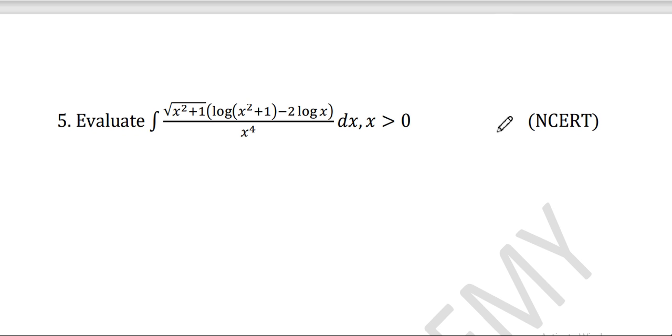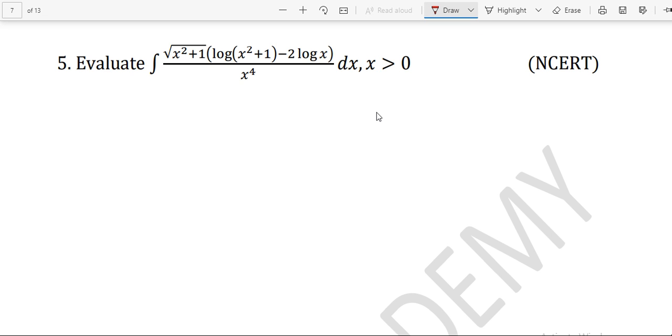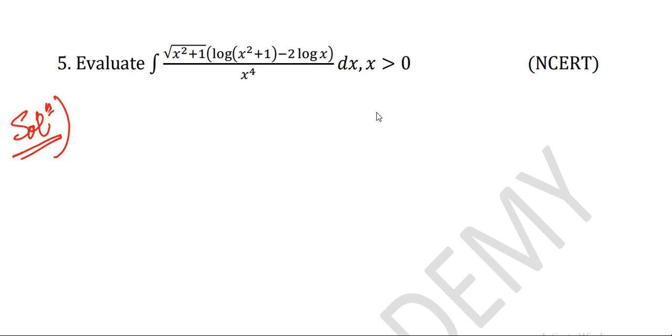Now let us see the last problem of the topic integration by parts. Let's see. So we have the integral as integration root over x square plus 1 multiplied by log of x square plus 1 minus 2 log x, divided by x to the power 4 dx.